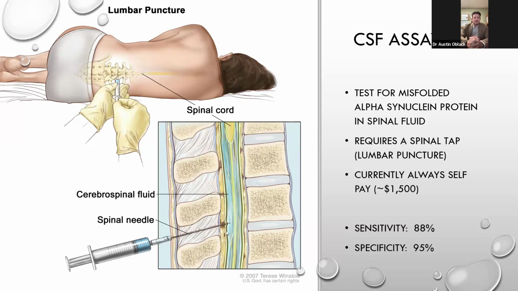Very rare instances that occurs, but if it does, you can have a lingering headache after the fact, and sometimes it actually requires another type of procedure very similar to this, where they put the needle back into the spine and they do something called a blood patch to seal off that leak and let the body kind of heal it up and stop the fluid from leaking out again. Again, very rare, but it is possible and something that we counsel people on.